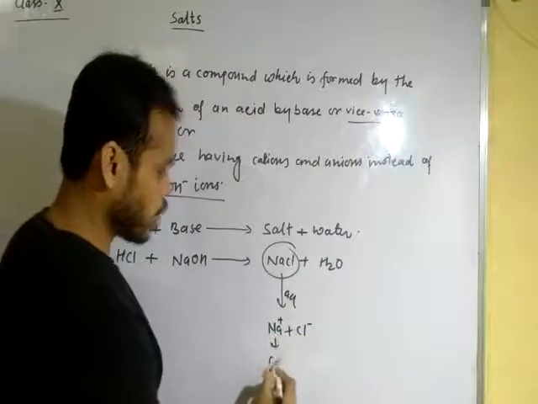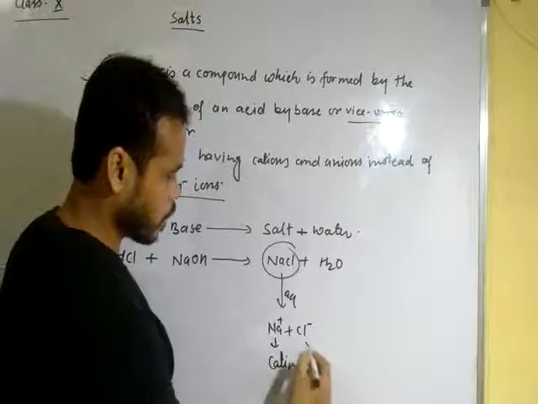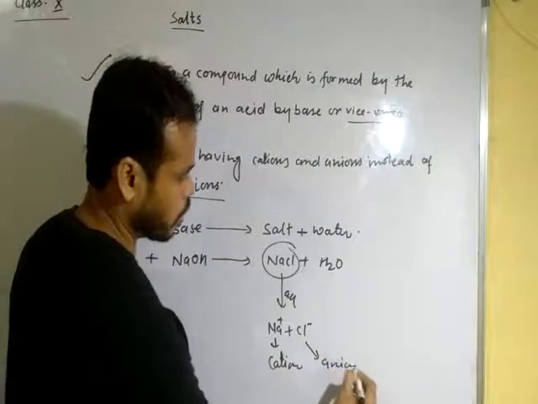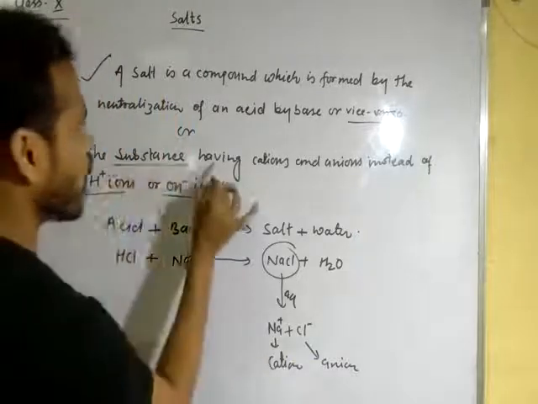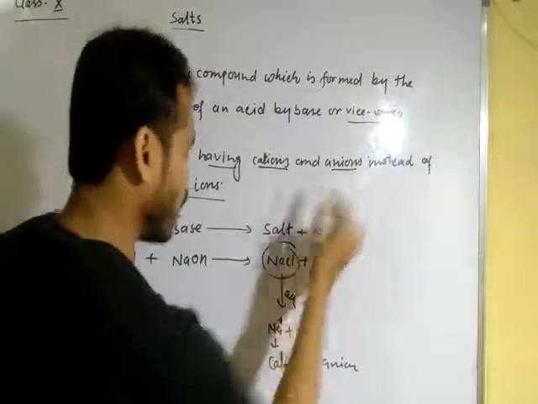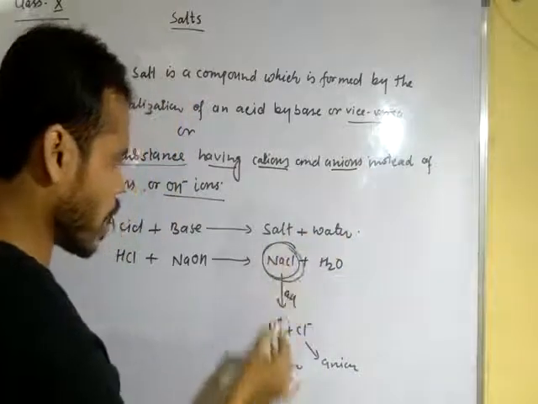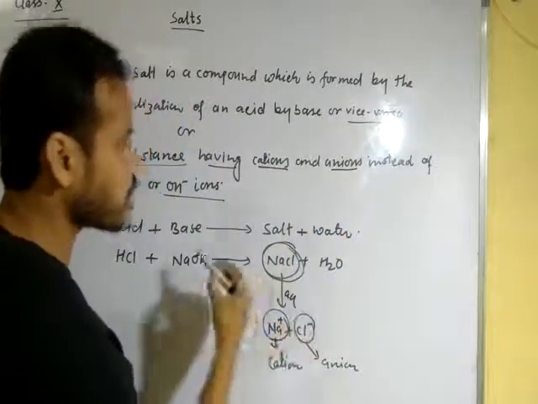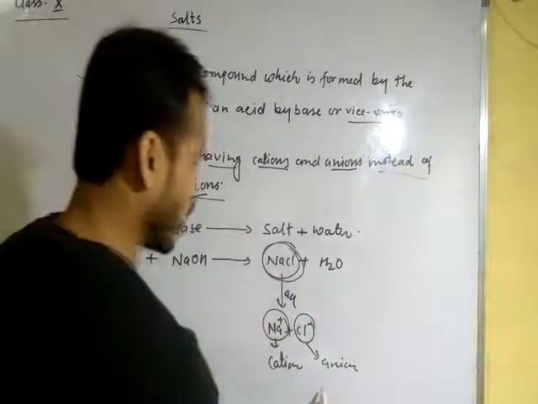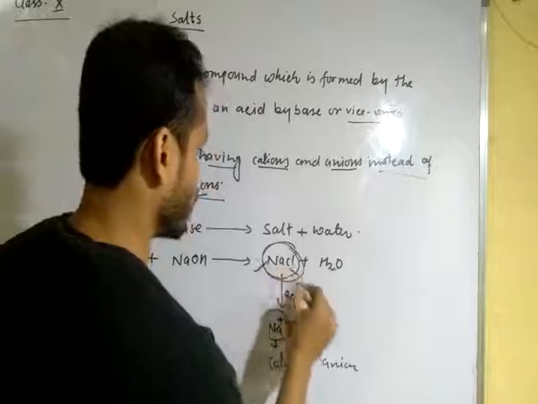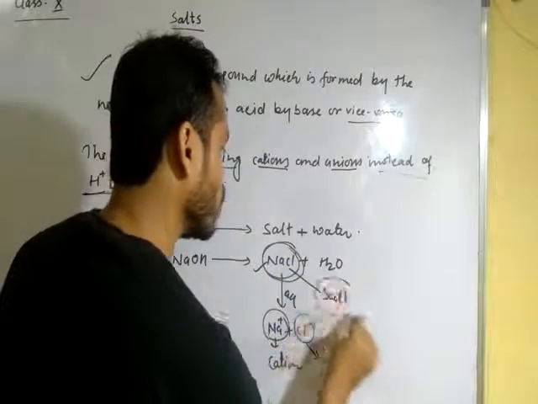This is the cation and this is the anion. So according to this, it is a substance having cations and anions instead of H positive ions and OH negative ions. That means it is a salt.